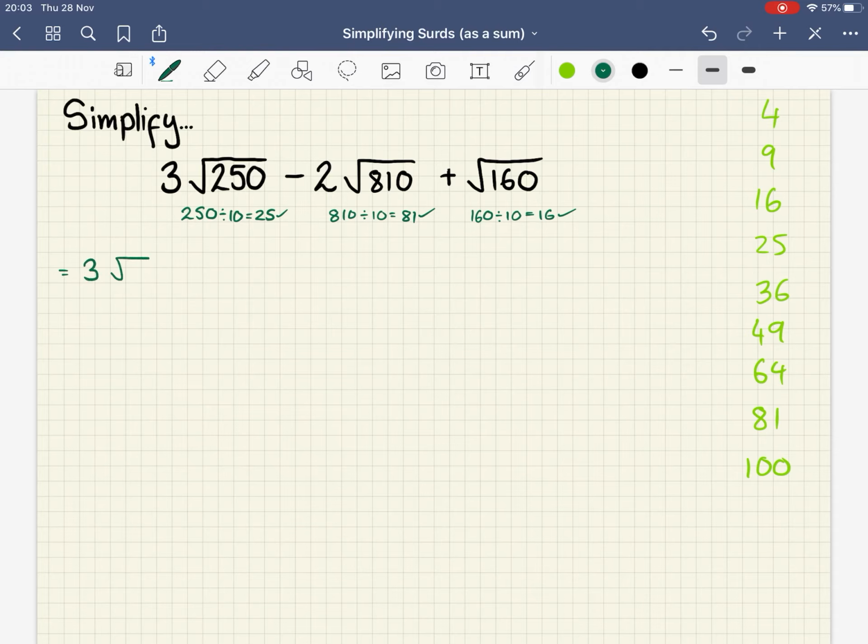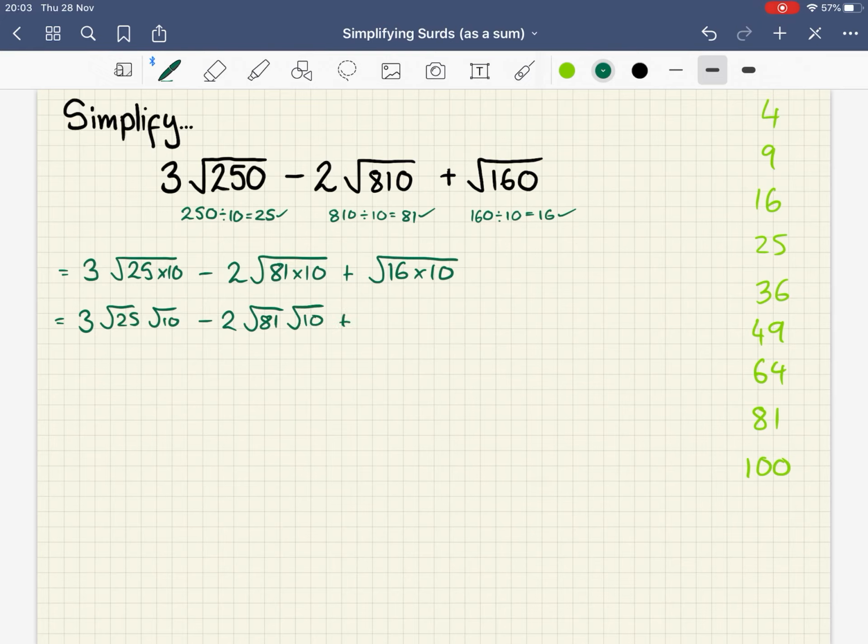So I'm now going to have 3 root 25 times 10 minus 2 root 81 times 10 plus root 16 times 10. So that's going to be 3 root 25 root 10 minus 2 root 81 root 10 plus root 16 root 10.